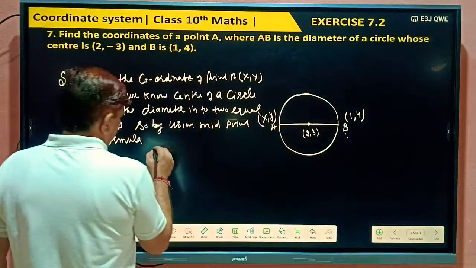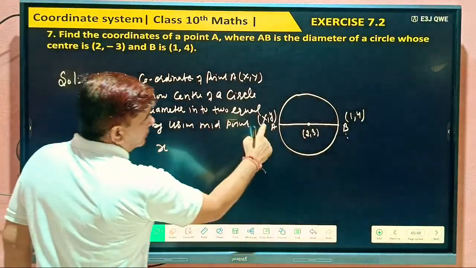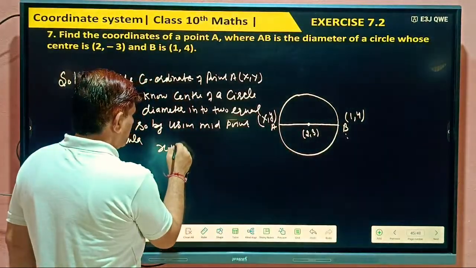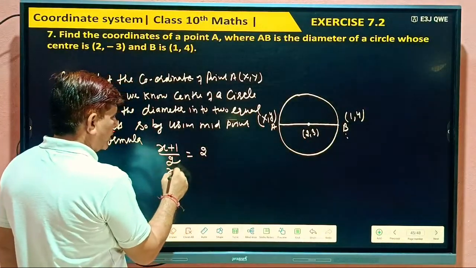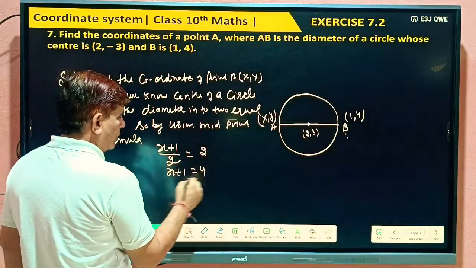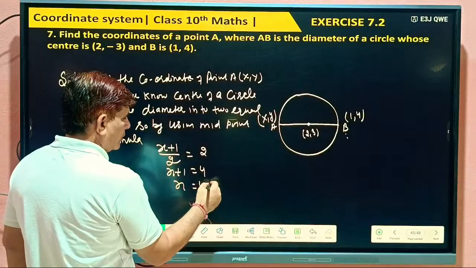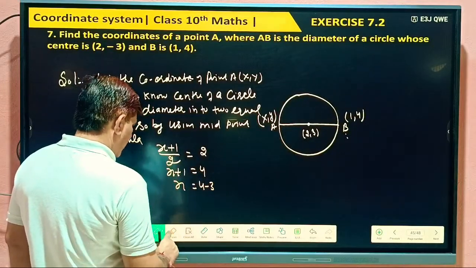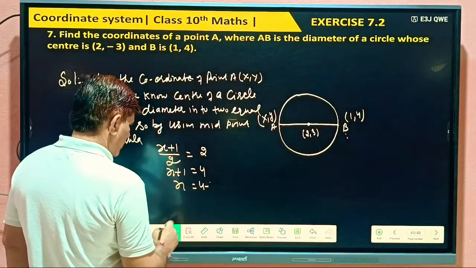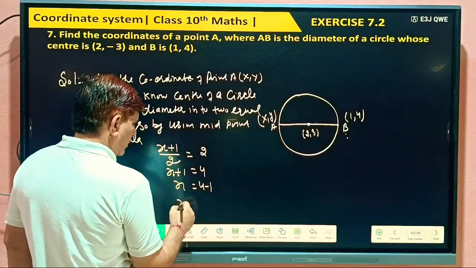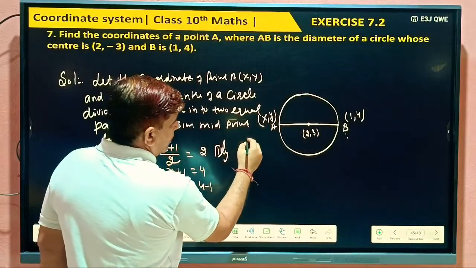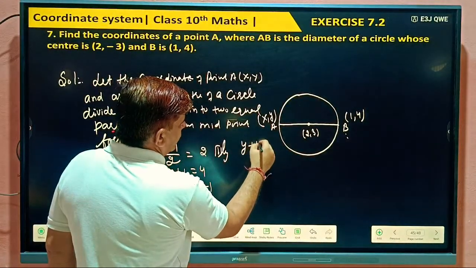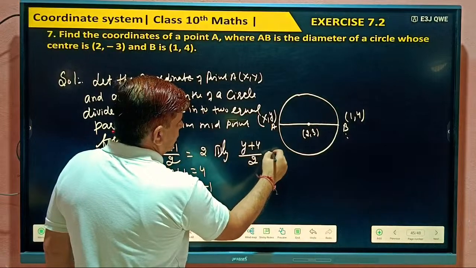So what we can say? (x plus 1) by 2 is equal to 2. So x plus 1 equals 4, x is equal to 4 minus 1, so x is 3. Similarly, (y plus 4) by 2 is equal to 3.